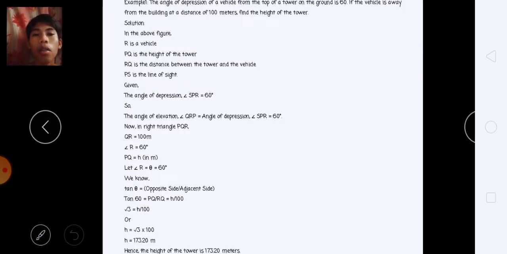PQ is equal to H, the height. Let angle R be equal to theta, which is 60 degrees. We know that tangent theta is equal to opposite side over adjacent side. Replace theta with 60 degrees. So PQ over RQ is equal to H, or height, over 100, which is the distance.